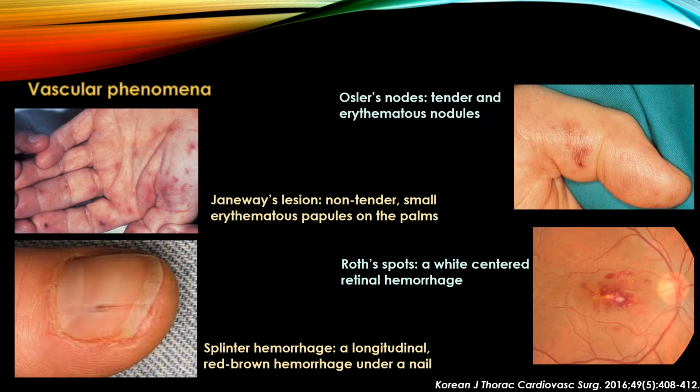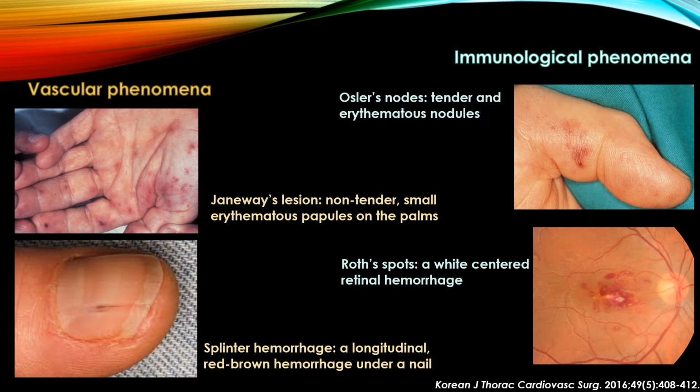The other sign, which we count as an immunological phenomenon, is the Osler node. This is different from the Janeway lesion in that it is tender. It is an erythematous nodule like the Janeway lesion, so the differentiating feature is tender versus not tender.